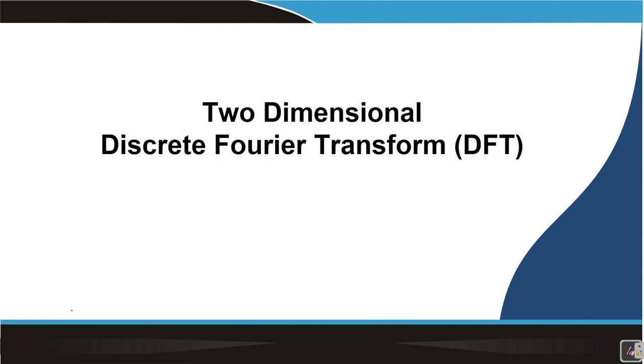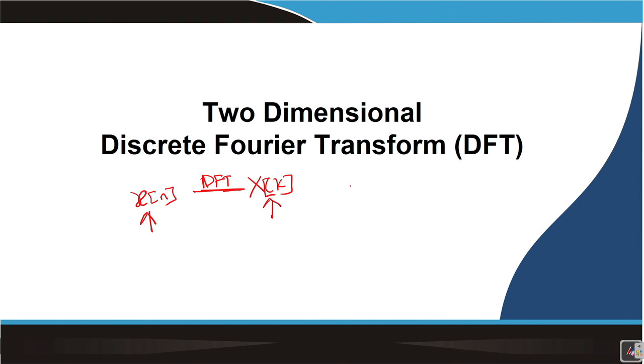As per last week, week number 4 or 5, we talked about x of n, which is only one dimension, and we talked about the DFT of x of n, the discrete Fourier transform of x of n, which is X of k. So, if the signal is one dimension in the time domain, the frequency domain is also X of k, in one dimension.